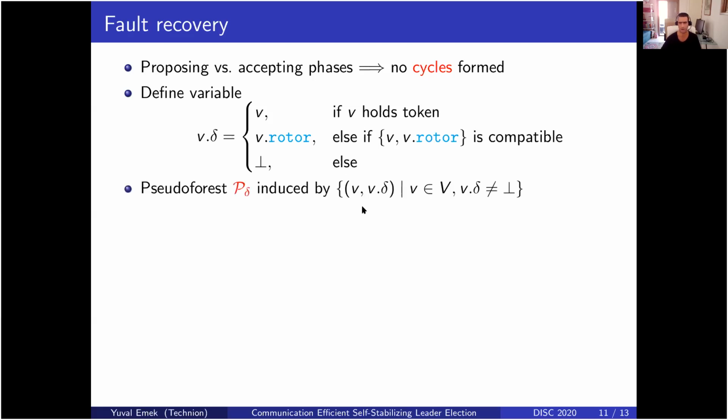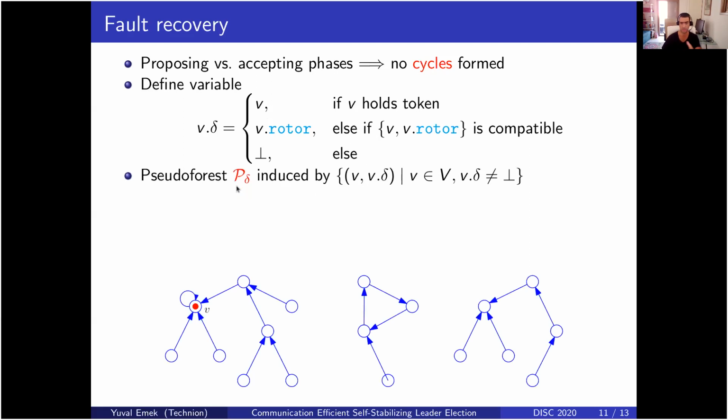And now we consider the set of oriented edges from V to V delta, as long as V delta is not bottom. And we immediately see that this set of edges induces a pseudoforest on the graph, and we denote this pseudoforest by P delta. So here is an illustration of this pseudoforest, P delta.